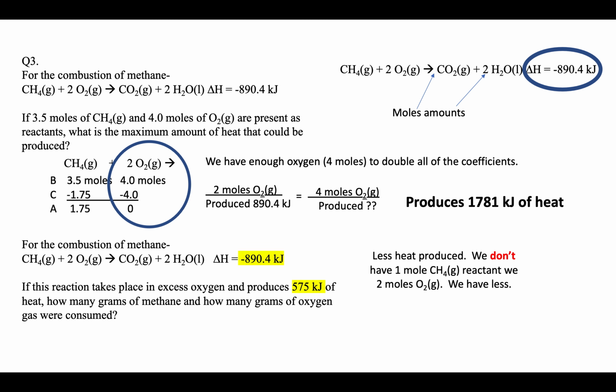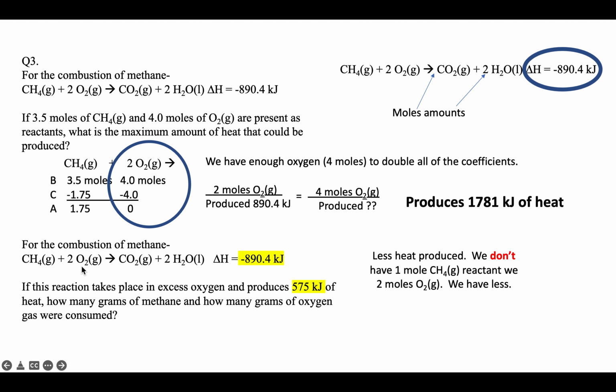Second one there, the scenario says it produces 575 kilojoules. If all of the coefficients are mole amounts, it would have produced 890. So less heat was produced. We didn't reach 890. We don't have 1 mole of methane and 2 moles of O2.